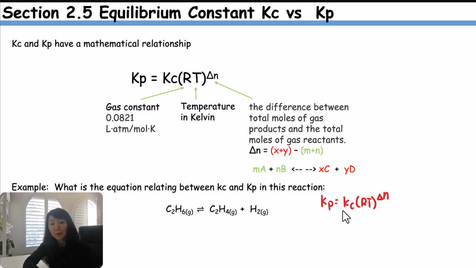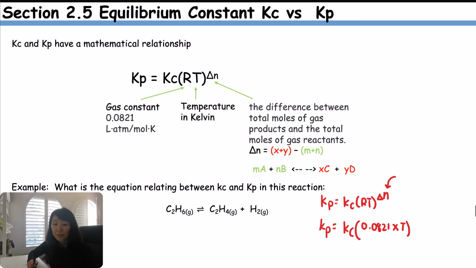Kc is the equilibrium constant for concentration. So what I want to get at is how do you solve for this. If we were to set this up, it's Kp, Kc, R, which we know is 0.0821, times T. We don't know what that is. It doesn't say in this example.